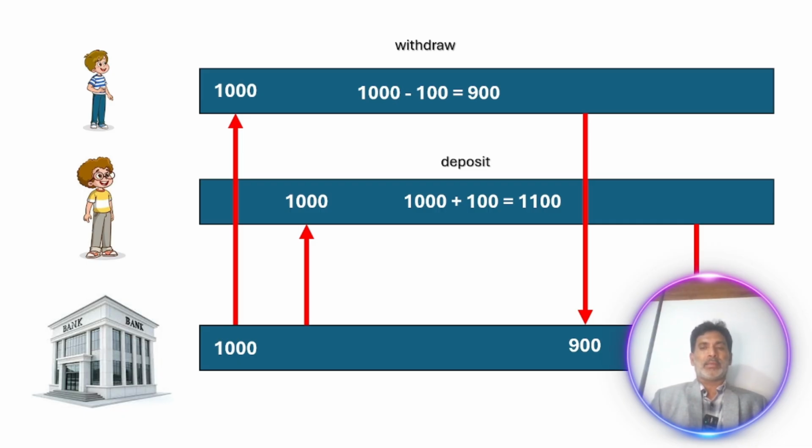The actual account balance should be 1000 rupees, but instead it will show either 900 or 1100. It is like you and your friend were racing to update the value.